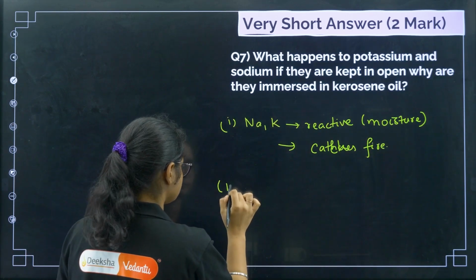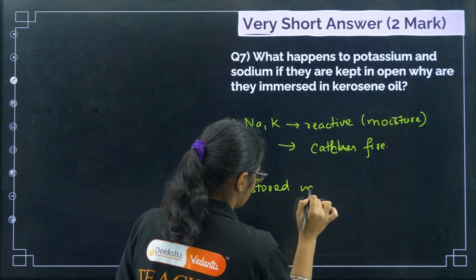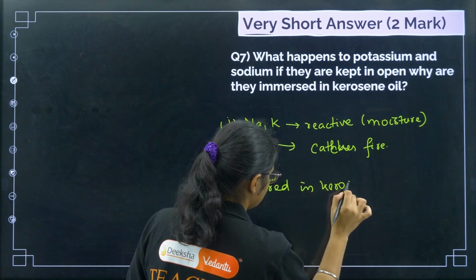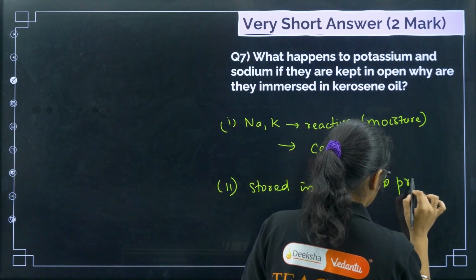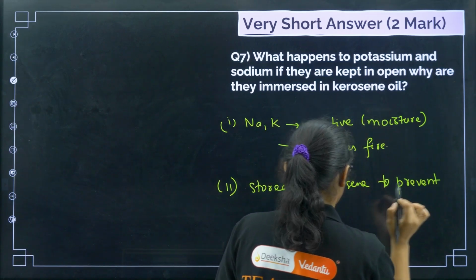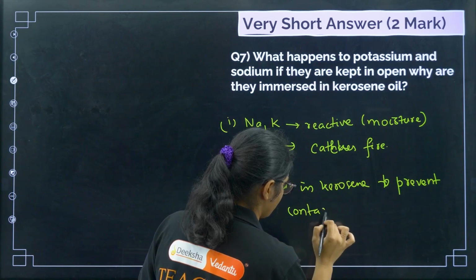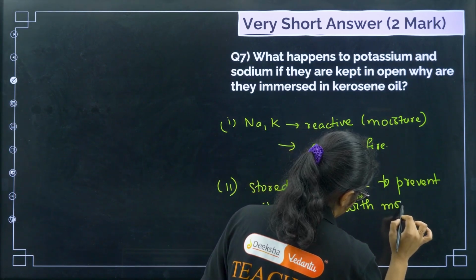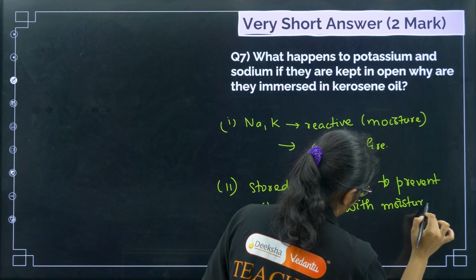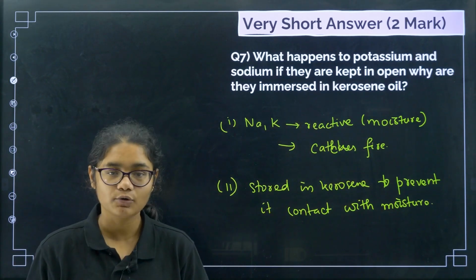So next point you can write, it is stored in kerosene to prevent its contact with moisture. So yes, you have to write these points and then you can be awarded 2 marks for this question.